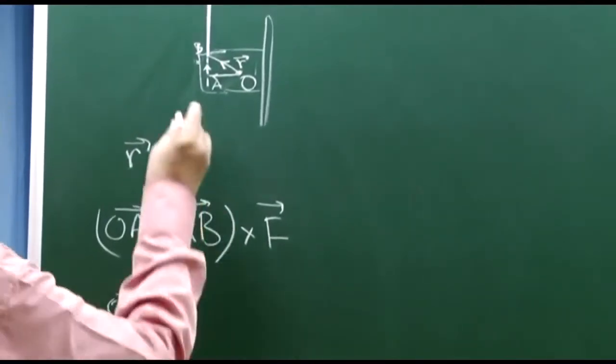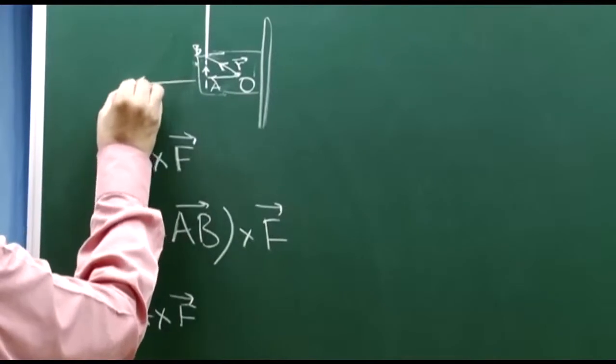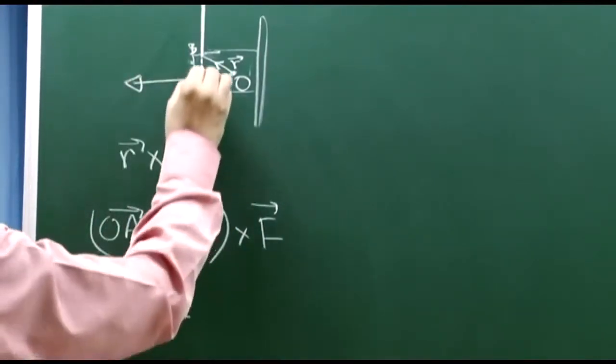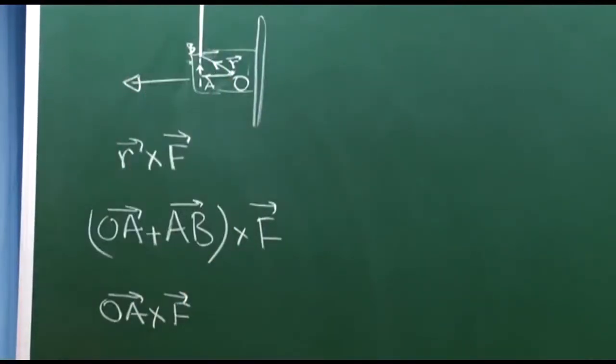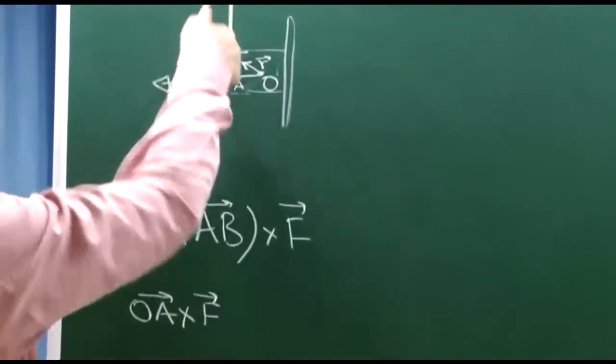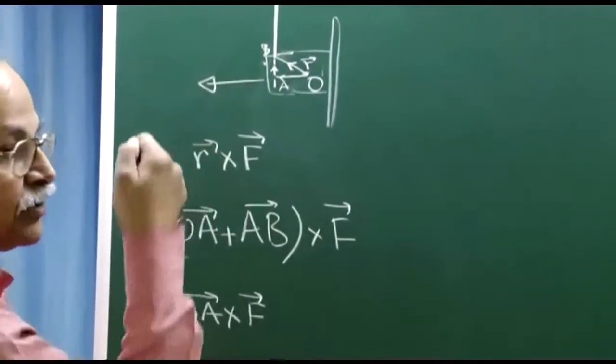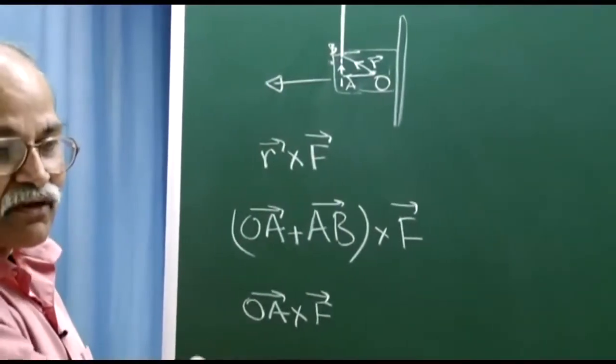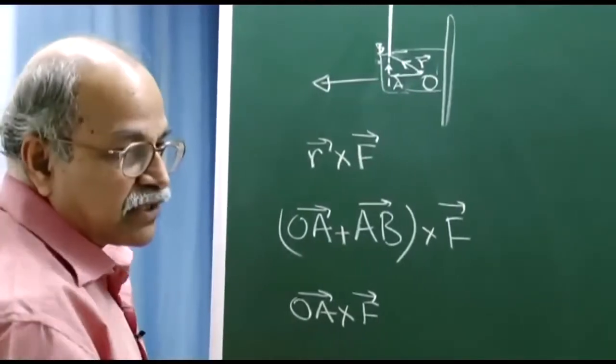So, what is the direction of OA? This is the direction of OA, and F, this is the direction. So, what is the direction of the torque? R cross F is going into the board. The torque is going into the board.